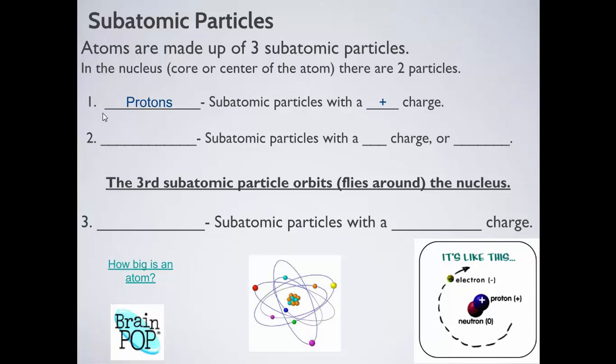The other type of subatomic particle found in the nucleus, in the core, is called a neutron. What do you think the charge of a neutron is? Ali? Negative. No. Neutron, neutral, has no charge.